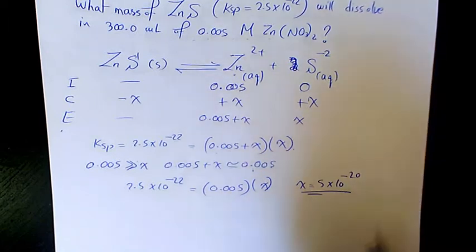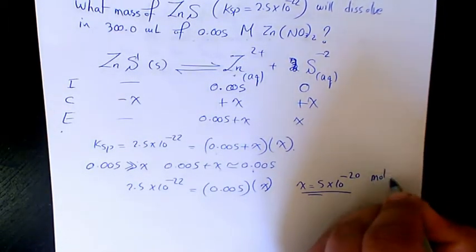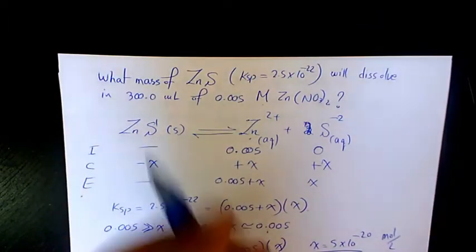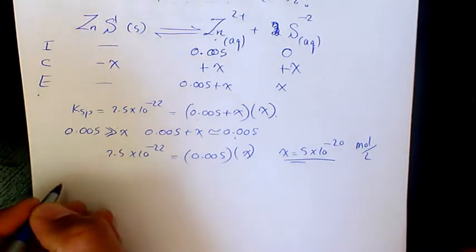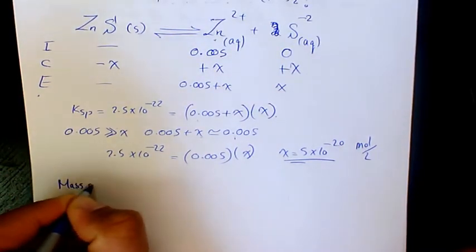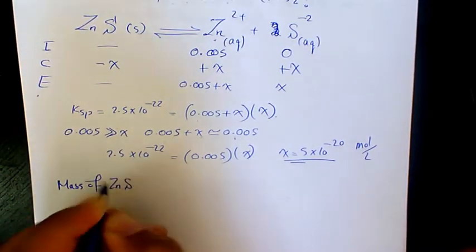So now this is molar solubility, so it's mole per liter. The question is saying what mass of ZnS will dissolve in 300 milliliters. So it's going to be the mass of ZnS that dissolves.